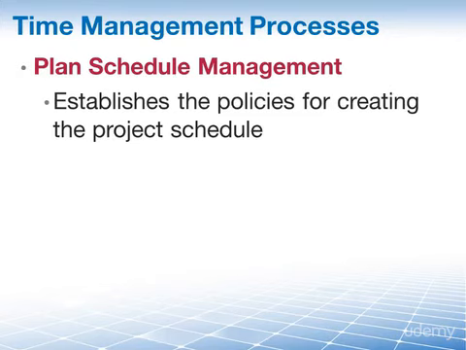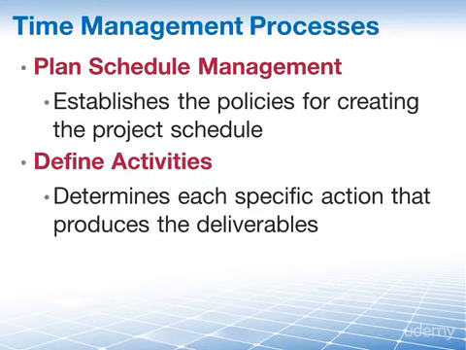How are we going to work and execute all the processes here in this knowledge area? So this is the process of establishing the policies, procedures, and documentation for planning, developing, managing, executing and controlling the project schedule. From here we move on to define activities.